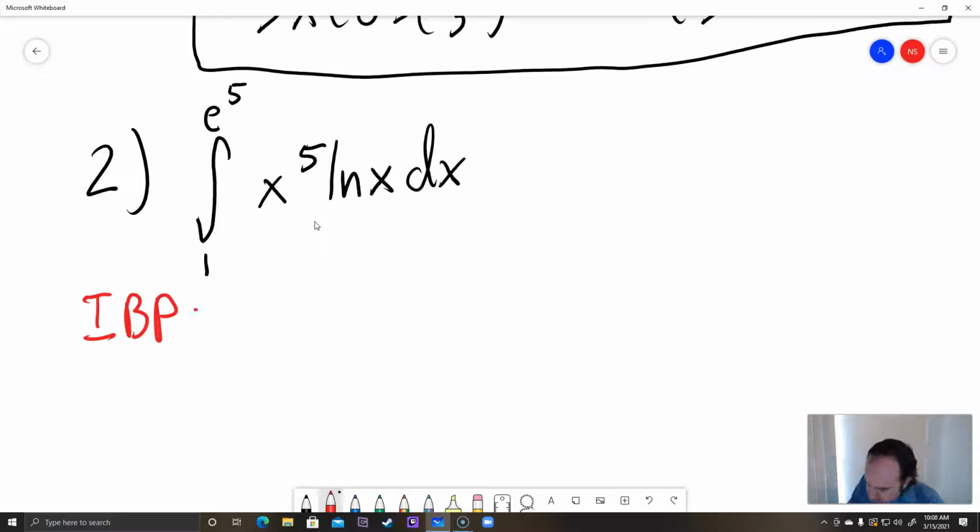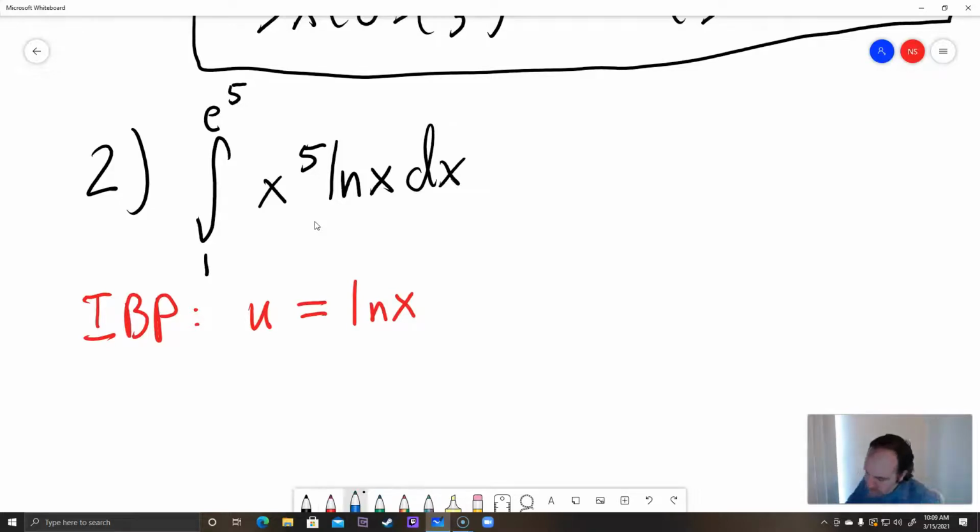So we're going to do integration by parts, and we're going to let u equal ln of x. Again, I chose u to be ln of x because when you take the derivative of ln of x, you get 1 over x, and that's going to cancel out with the power in the numerator, because x to the 6th divided by x is x to the 5th.